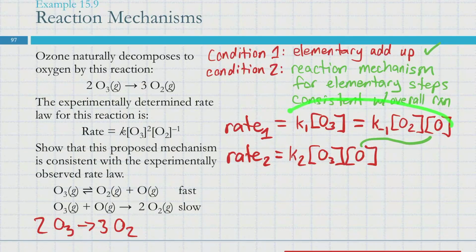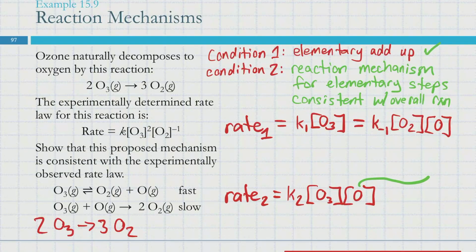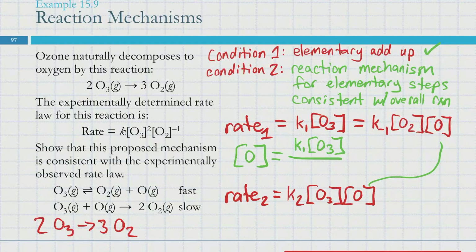So we're going to rearrange this rate 1 so that we can use it to substitute out. So we do that. I trust that we can all do algebra. If you can't, that's fine, just ask, and we'll get you the help you need.